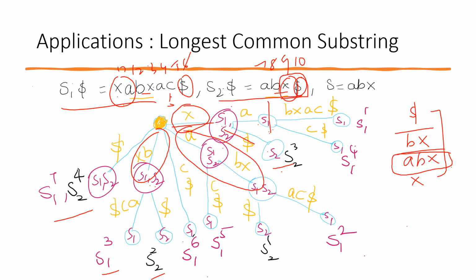We just draw it as a single suffix tree, and that visualization will be much easier. Drawing with 2 suffix trees is a bit complicated, but the concept is the same. We locate the common suffixes in both subtrees and find the longest among them. This is one of the classic applications solved using suffix trees.